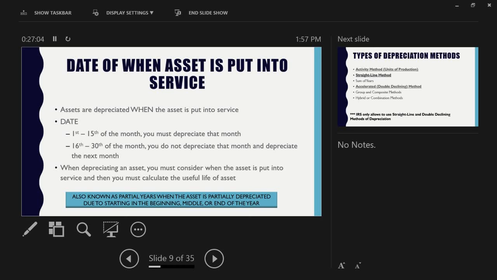So if I put my printer into use in June, in the beginning of June, I'm going to say I used it June 12th. That means I have to calculate, so by December of 2019, how old is my asset? If I bought it and I used it June 12th of 2019, and right now I want to calculate how old it is in December of 2019.